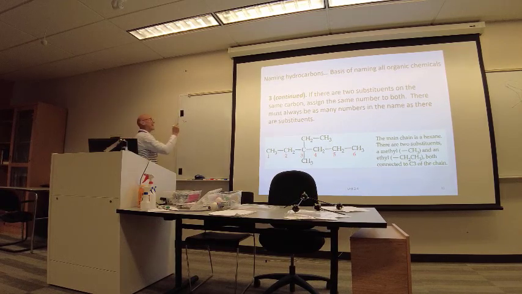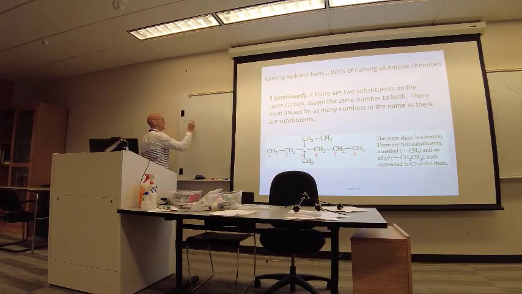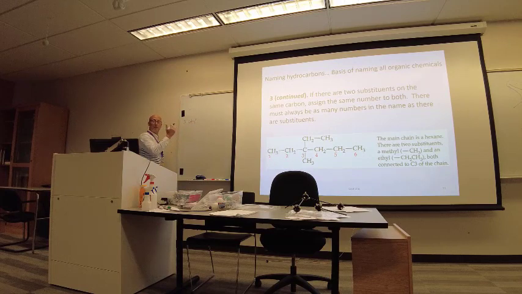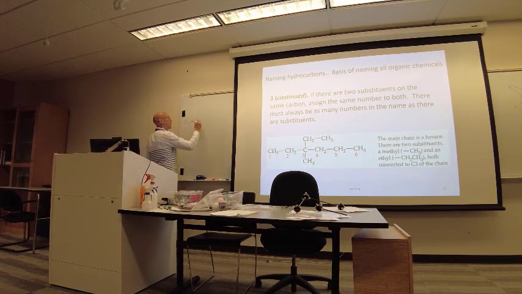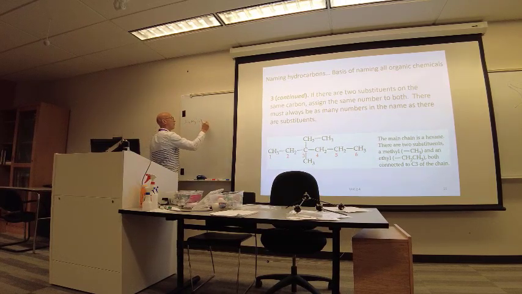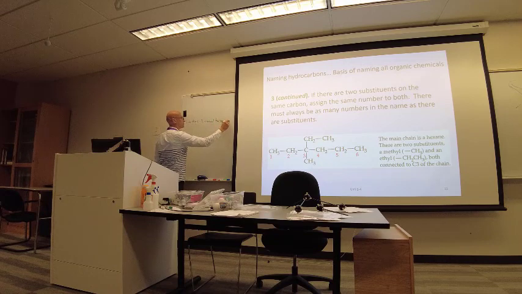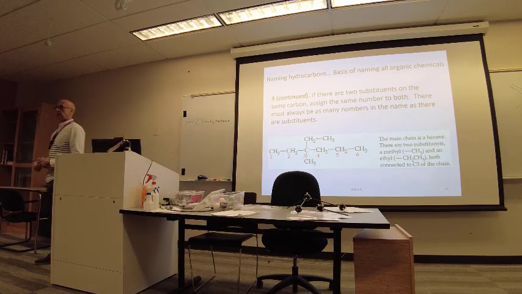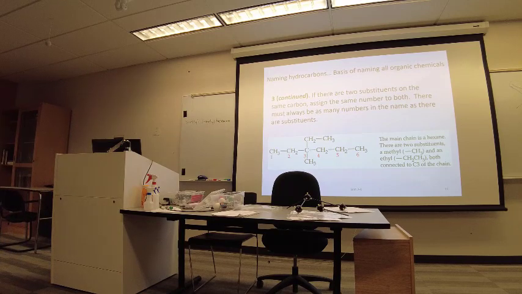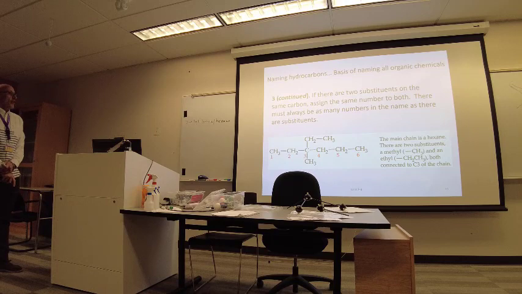So this is 3-ethyl, because alphabetically that comes before methyl. And I also have a branch of 3-methyl. And then all I do is hexane. There you go. Is the reason you got ethyls because there's 2 on the top? Yep. That's 3-ethyl, 3-methyl hexane.